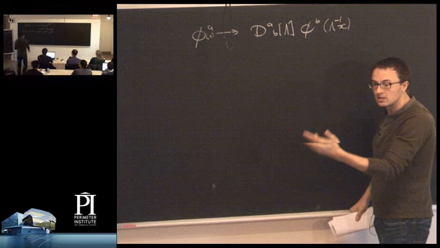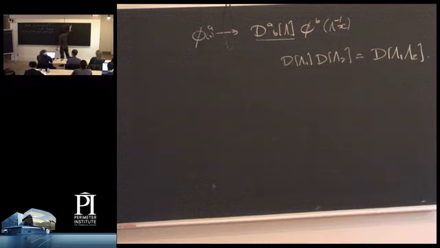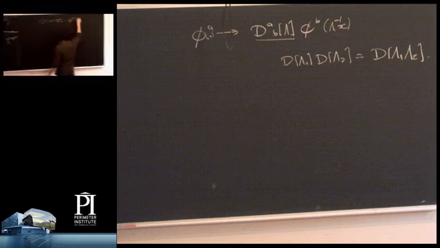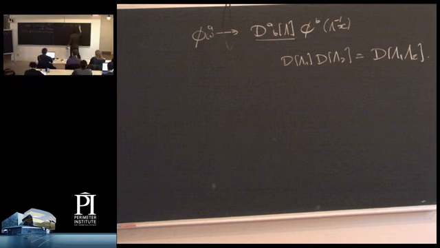Oh, good. So we want to consider fields, some arbitrary field phi a, which consistently transforms. There's always going to be this part here, this is phi a of x.